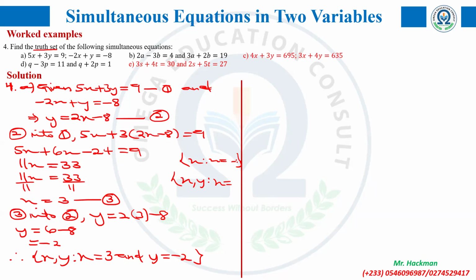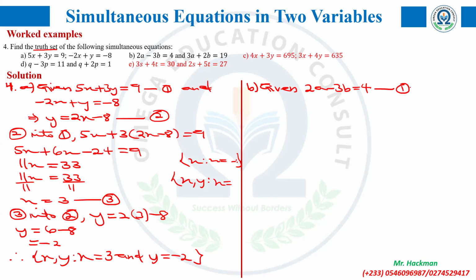So I'm going to do the B with you, or we are going to do the B together. Then after that, okay, we'll move on to the next question. So B, what are we given? We are given, okay, 2a minus 3b is equal to 4. Okay, no brackets, no fractions, equation cannot be reduced, and we have the variables on one side and the constant on the other side, the form that we want.